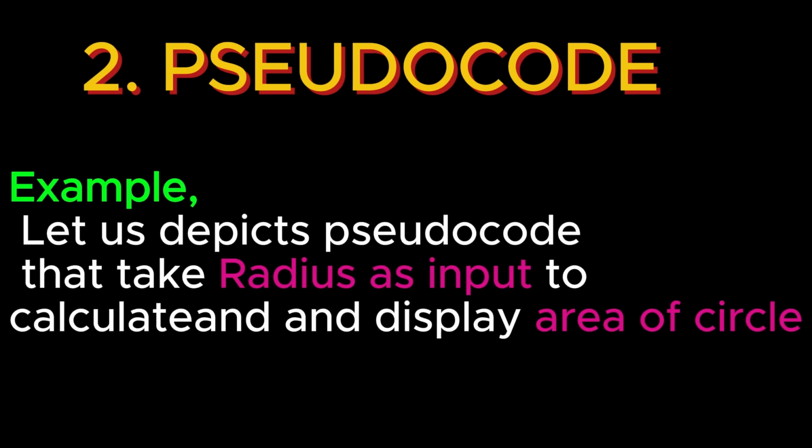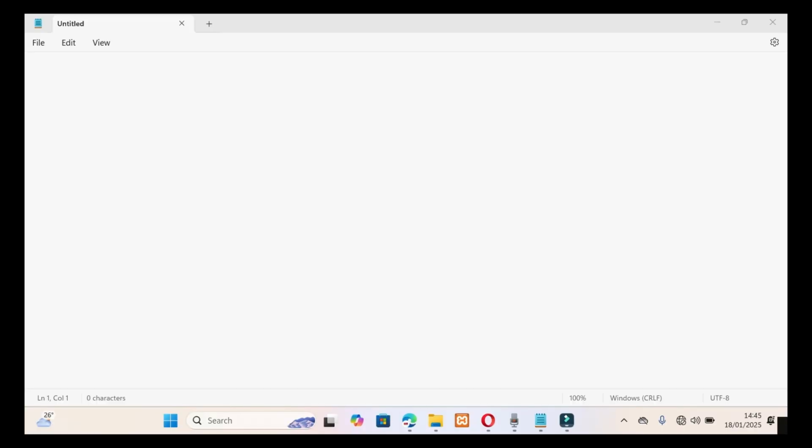For example, let us depict the pseudocode that takes a radius as input to calculate and display the area of a circle. Remember, in writing pseudocode, we have to start with the BEGIN or START keyword in uppercase. Begin.